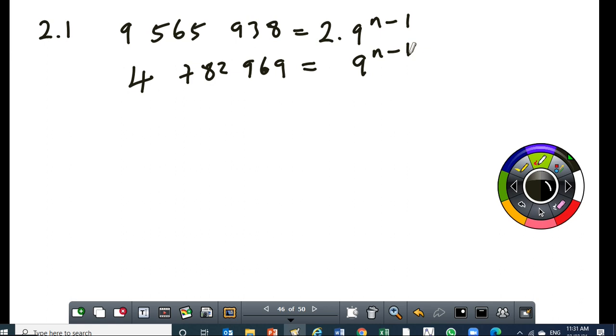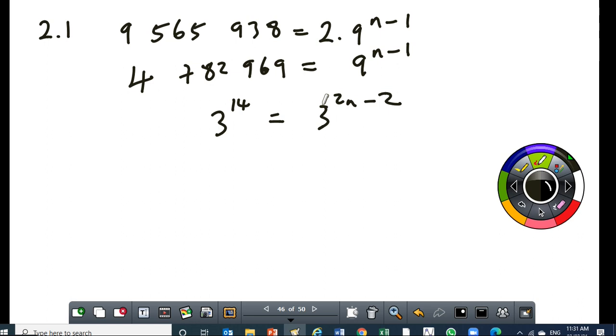Then, I told you how to use a calculator to convert any number to a prime base. In this case, if the calculator converts 4,782,969 to a base of 3, it means you have to convert that 9 to a base of 3. So 3 to the power of 14, which means that I have to convert it to 3 to the power of 2n minus 2.